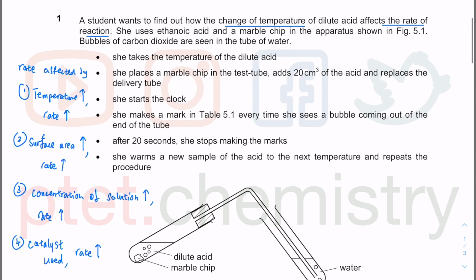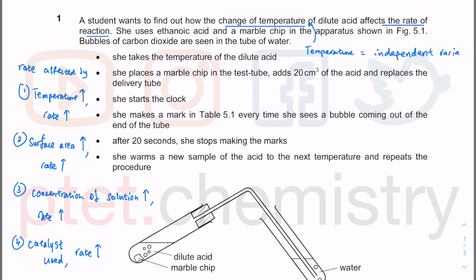So here we are investigating how the change of temperature could affect the rate of reaction. The temperature is going to be our independent variable, because that is what we are changing.